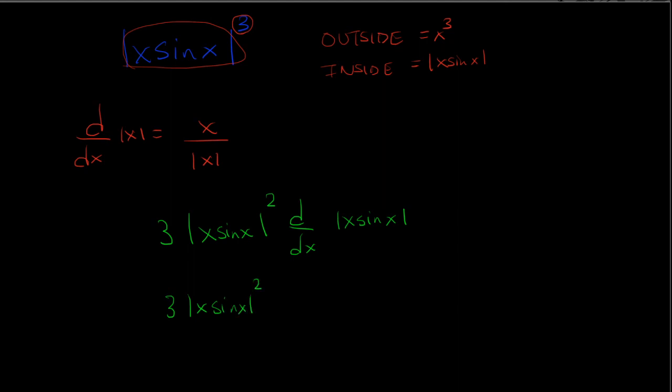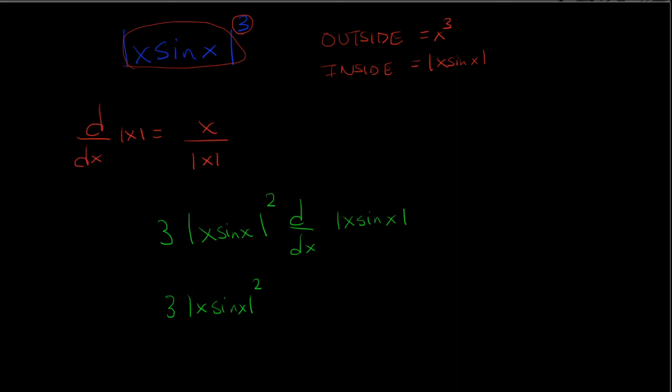And really, because we're squaring it, we're going to leave it alone, actually. We're not going to cancel out the absolute value. So let's just leave it as it is. And then we're going to take the derivative of the absolute value of x sine of x.